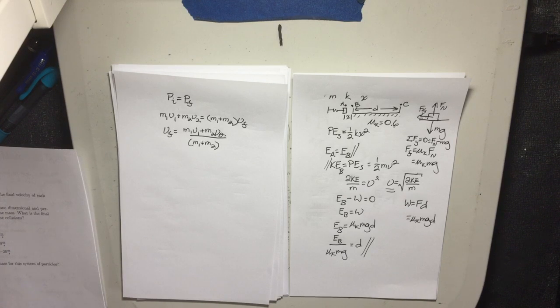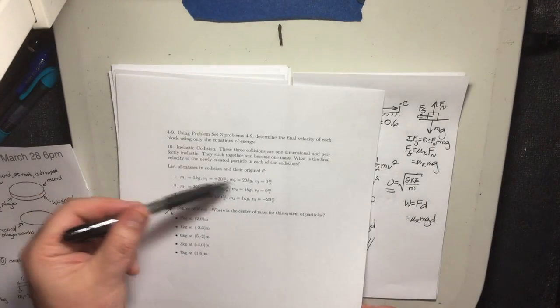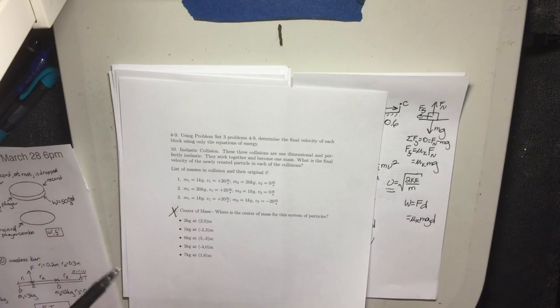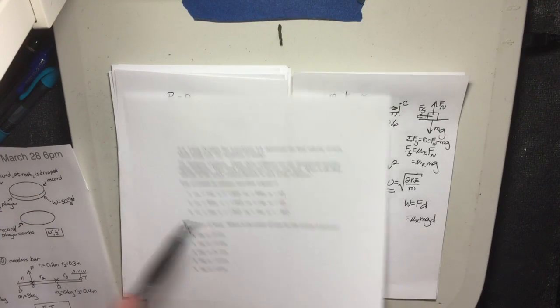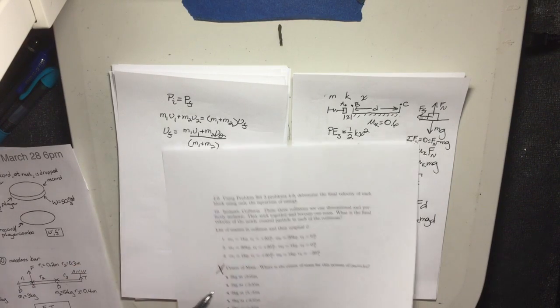In all the circumstances, these values have been given. So really all it is for the first one is you just plug in the values and boom, there you go.